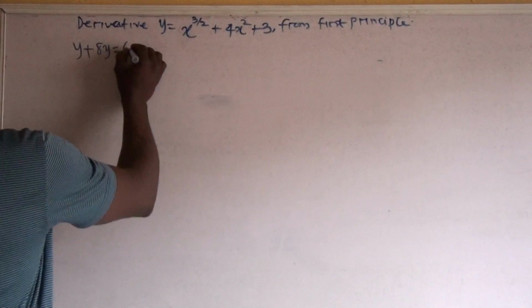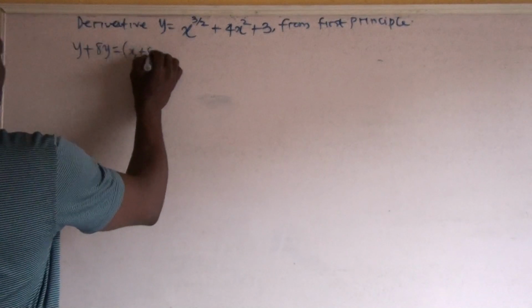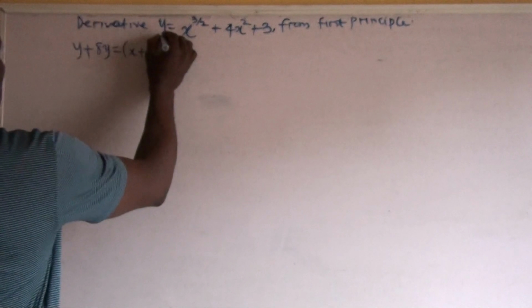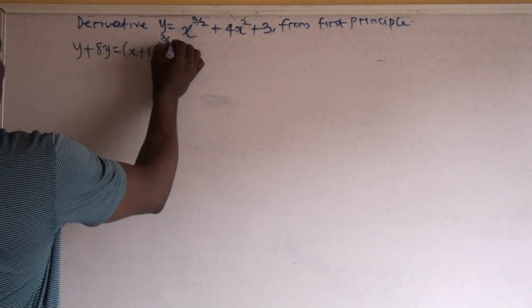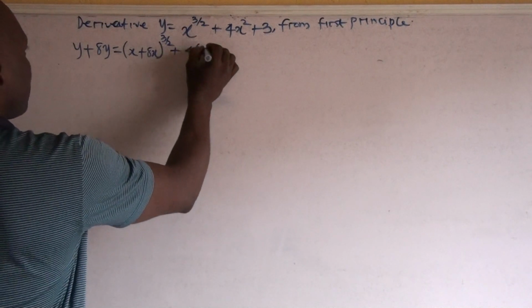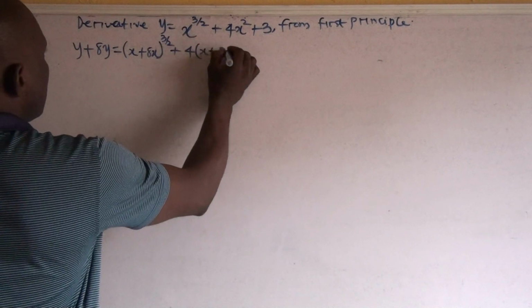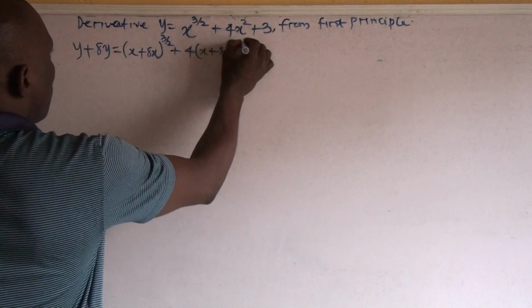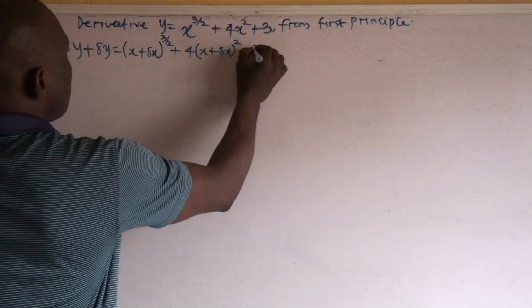So in this bracket we have x plus delta x all raised to power 3 over 2 plus 4 into bracket x plus delta x all raised to power 2 plus 3.